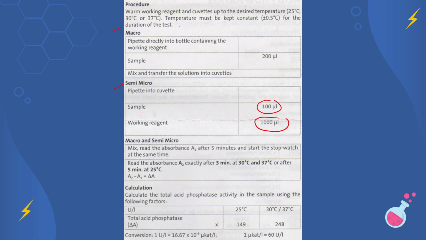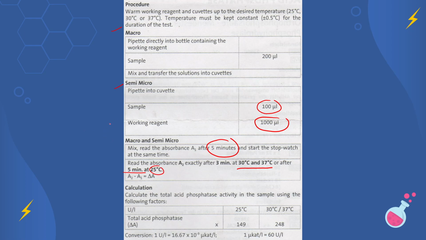Yung first reading po is after 5 minutes. Yung second reading po, depende sa temperature. If we made use of your 30 degrees or 37 degrees Celsius, then it should be exactly after 3 minutes. Or if nag-room temp lang po tayo, then it should be after 5 minutes.